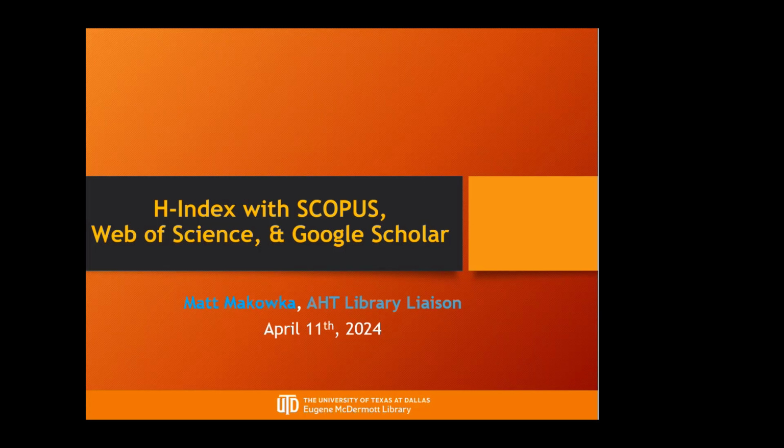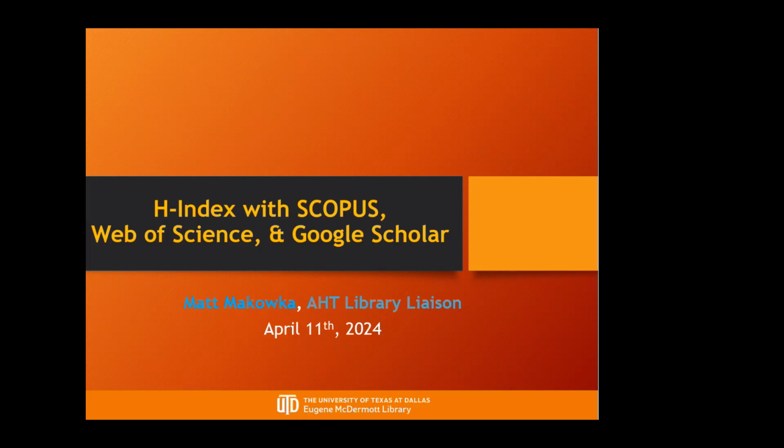With that said, today's presentation seeks to introduce you to the concept of the H-index, which is a metric for measuring a scholar or scientist's impact, and how you can calculate the H-index using two library databases, Scopus and Web of Science, as well as with Google Scholar. We're going to begin by defining what we mean by the H-index and its intended purpose and benefits.